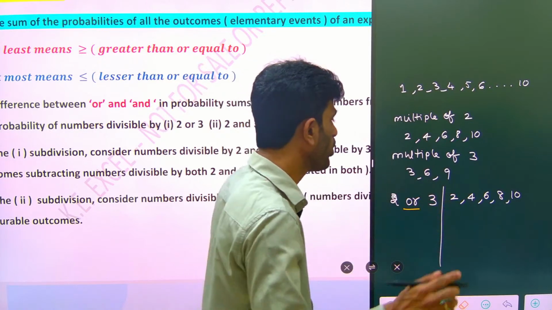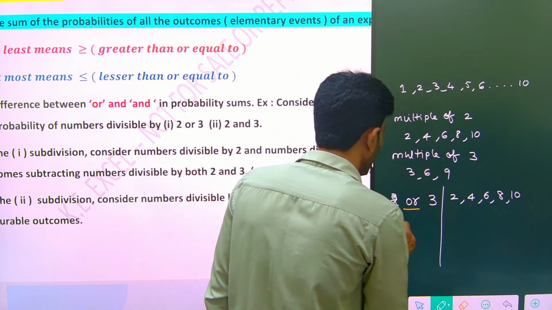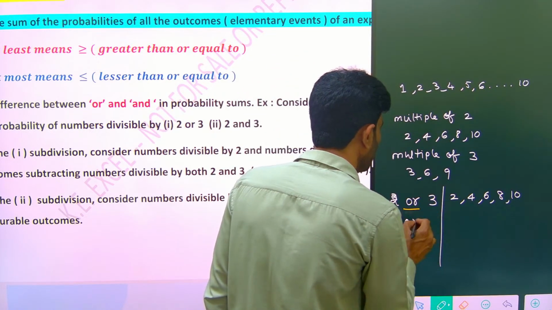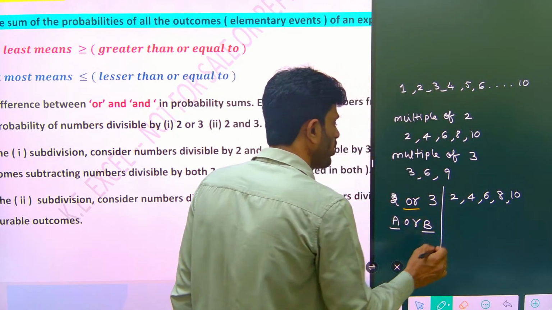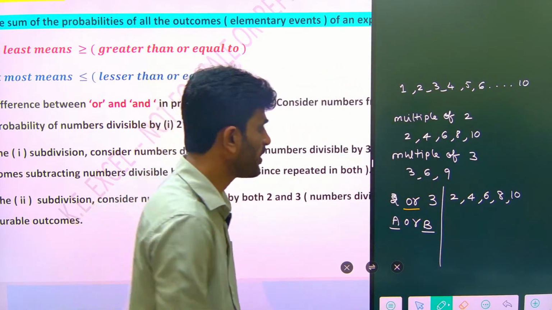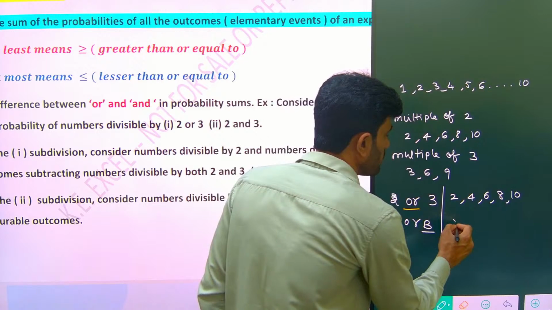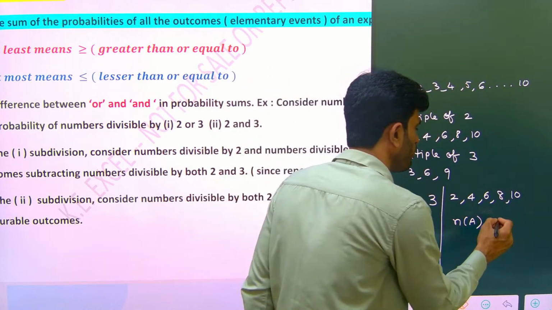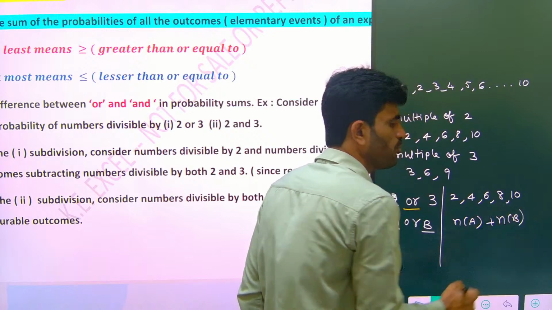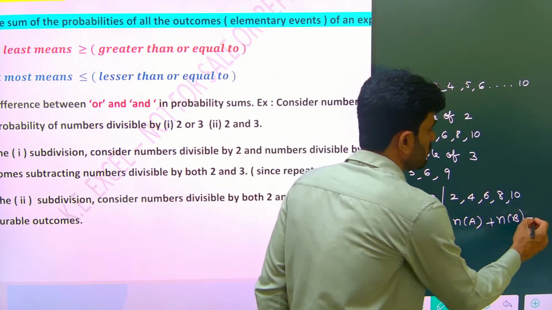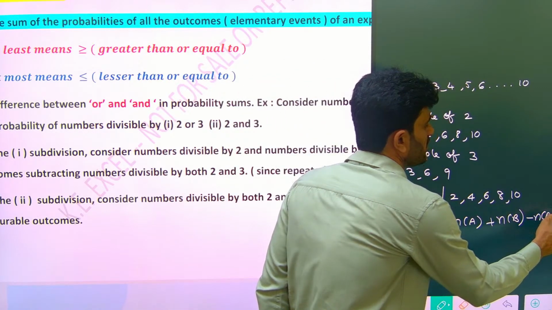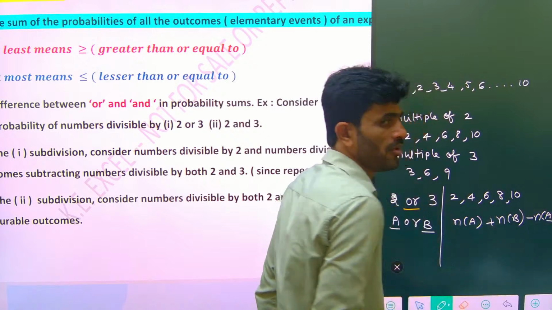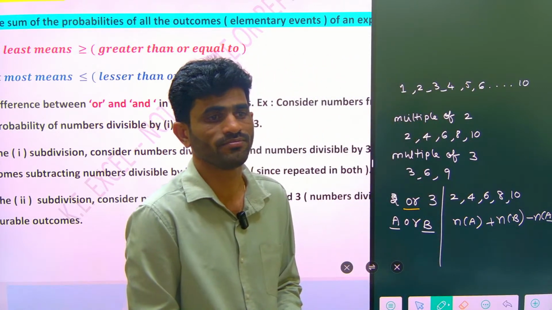That's why here we follow one formula. Whenever you want the probability of A or B, first we find the favorable outcomes as n of A, the first one, plus n of B, the second one, we add both, minus n of A intersection B. You don't have an idea about intersection, but intersection means the common ones.